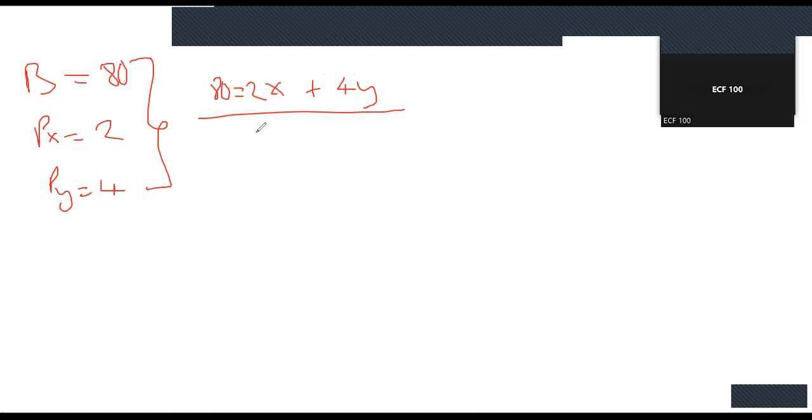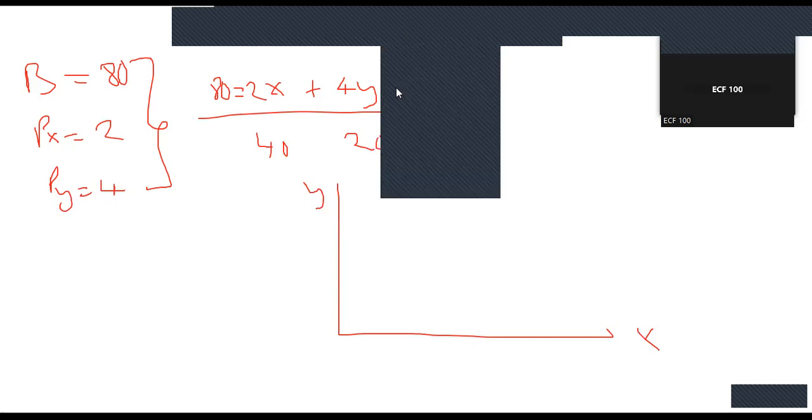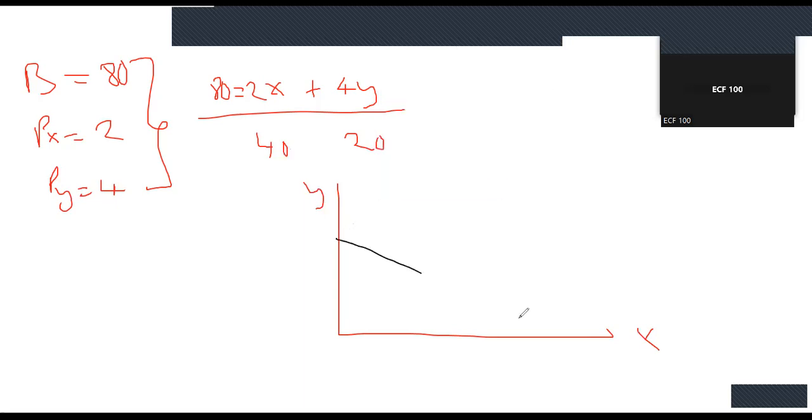Then 4 into 80, we get 20. So how do we draw the budget line? Y is here and X is there. On the Y, it will cut at 20. And the X, it will cut at 40. That is the simplest way we're going to draw the budget line. So this will be 80 is equal to 2X plus 4Y.